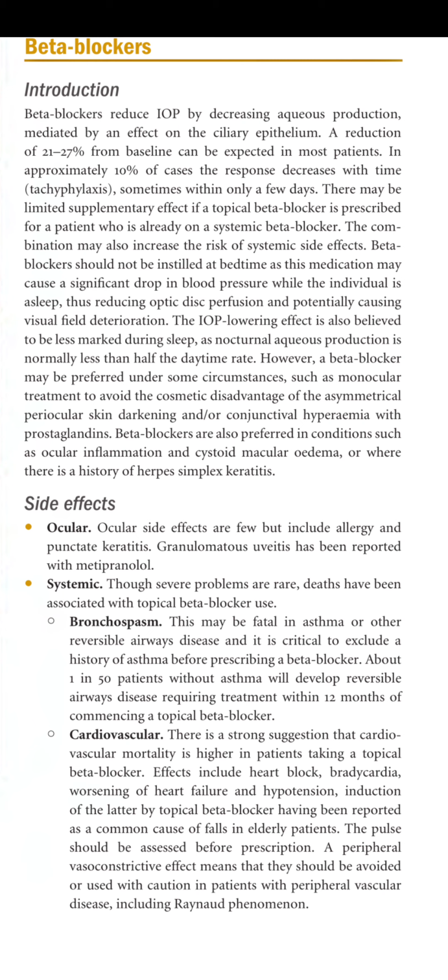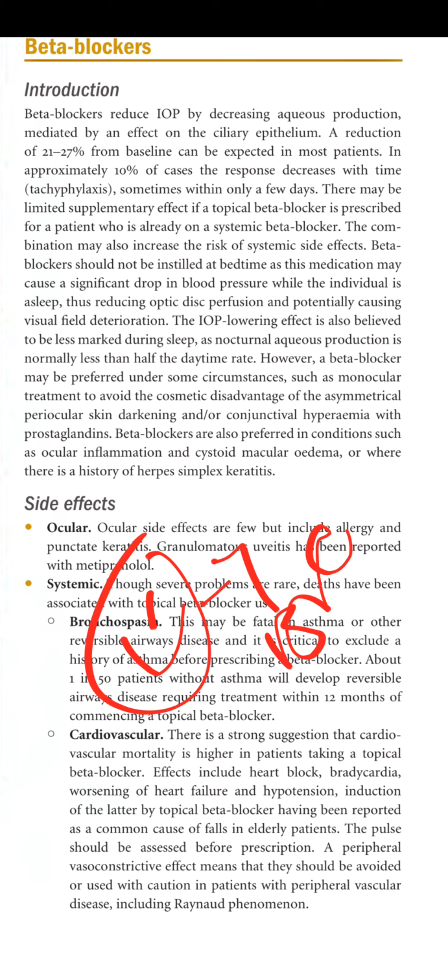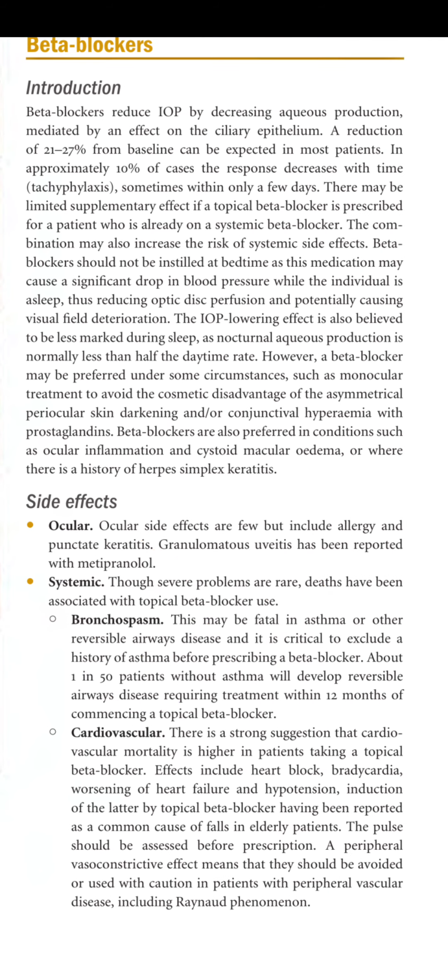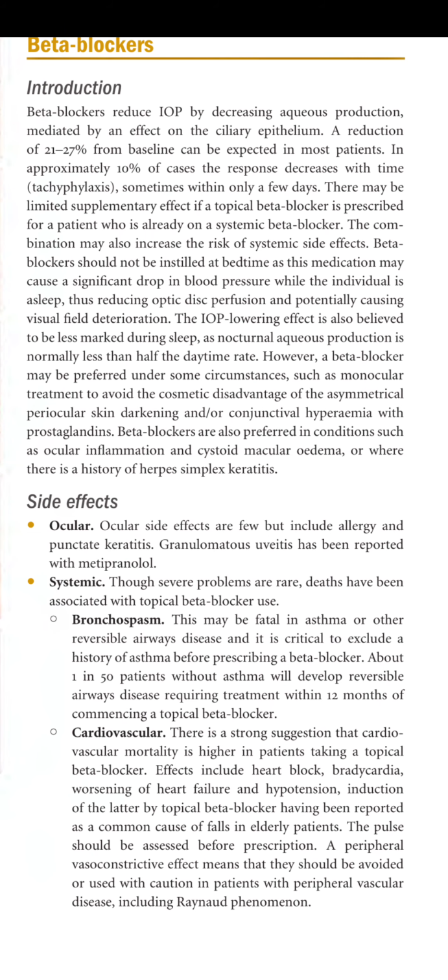So with the beta blocker there can be bradycardia, heart block, worsening of heart failure, and hypotension. Induction of the latter by the topical beta blocker has been reported as a common cause of falls in elderly patients.